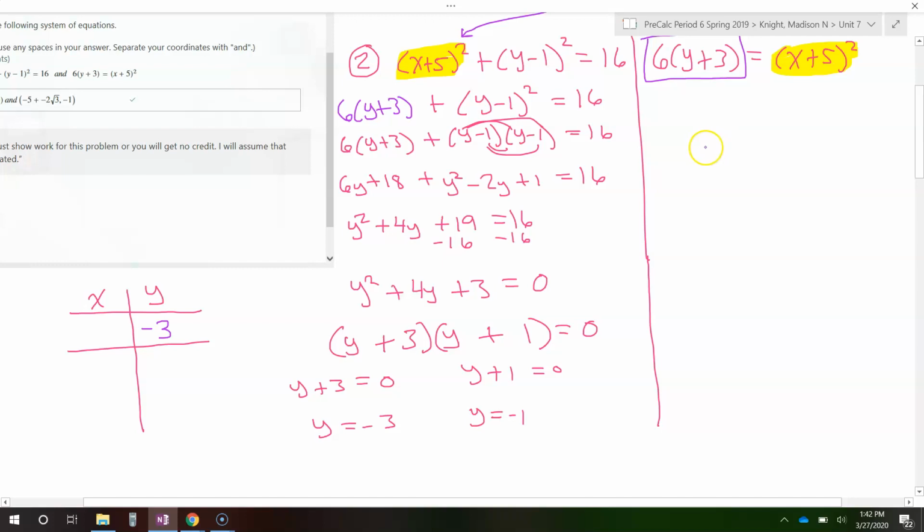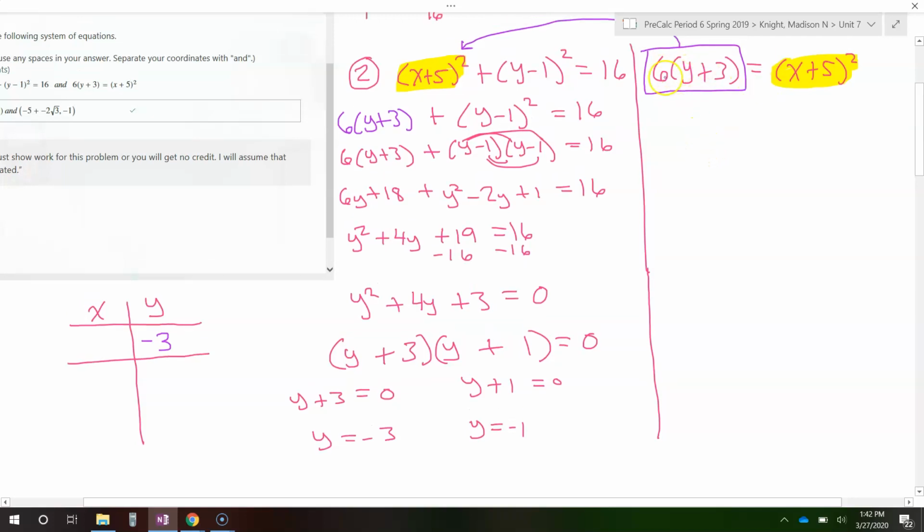If the y value is negative 3, I'm going to plug that into this side of the equation in order to find x. That'll give me 6 times negative 3 plus 3 is equal to x plus 5 squared. Well, that's going to be 6 times 0 is equal to x plus 5 squared.